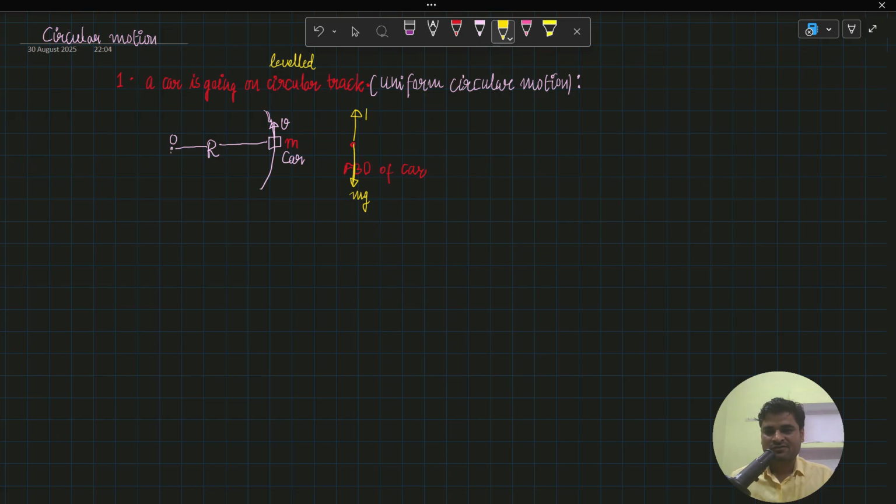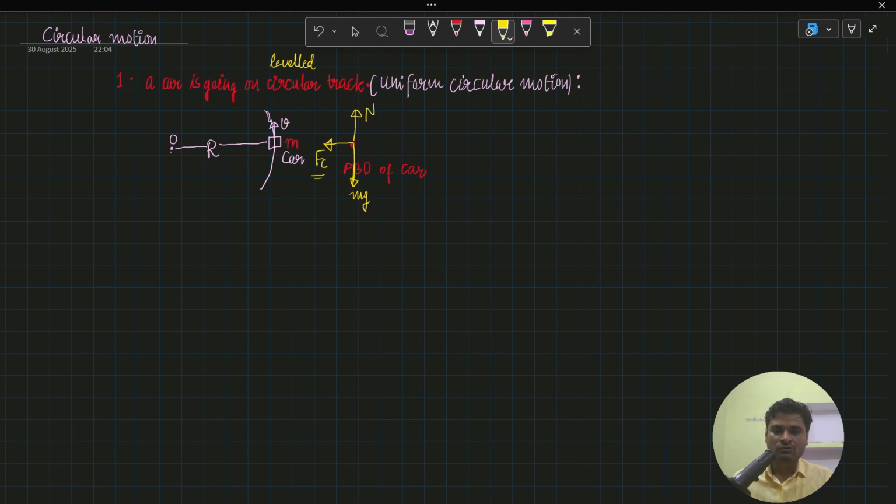So this is the normal force that will be acting on this car by the road, and since this car is going on the circular path, there will be a centripetal force, and this force has to be supplied by any real force. Like what could this centripetal force be applied by? What real force could there be that can apply this centripetal force?